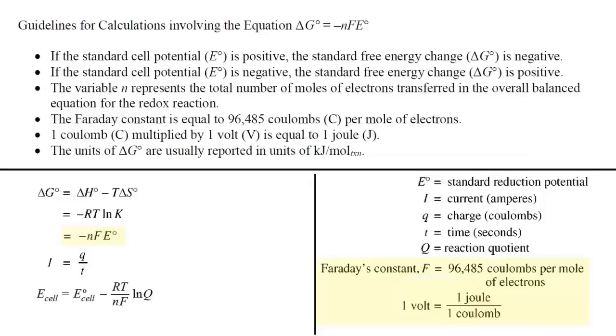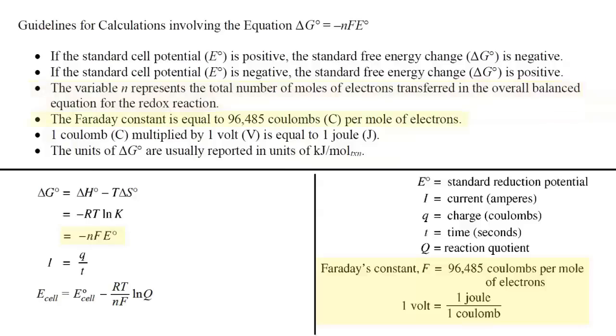So now, here are some guidelines for calculations involving that equation that relates delta G and the cell potential. If the standard cell potential is positive, then the standard free energy change is negative, so we have a thermodynamically favored reaction. If the standard cell potential is negative, then the standard free energy change is positive, and we have a thermodynamically unfavored reaction. The variable n in this equation represents the total number of moles of electrons transferred in the overall balanced equation for the redox reaction.